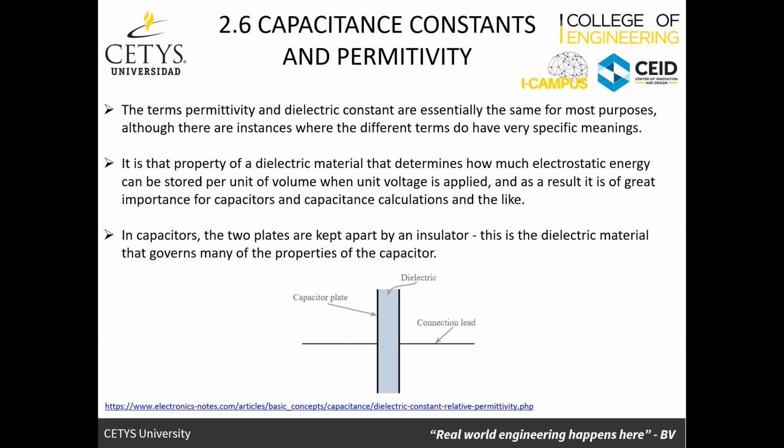So sometimes the terms permittivity and dielectric constant are used interchangeably. We may be talking about permittivity or about dielectric constant, but we're really talking about the same thing with a different name. They are synonyms or equivalent.